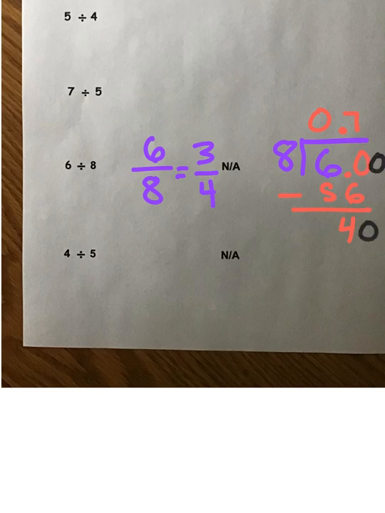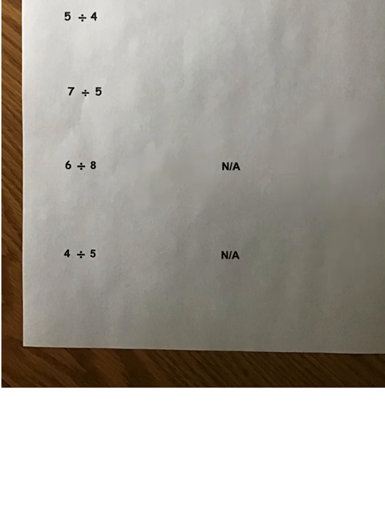And now I divide 8 into 40, and it will go 5 times. 5 times 8 is indeed 40. So if you notice that 6 divided by 8, okay, that ends up being 0.75. Okay, last night in the example, when we had one that was 3/4, okay, obviously 3/4 of a dollar would be 75 cents. So this should be something we should realize when we do this problem.